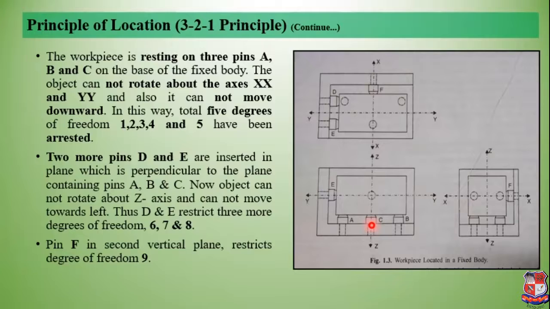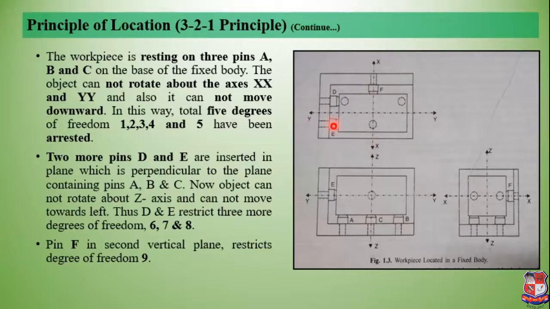Now the object cannot rotate about the z axis. If we provide this D and E, you can see that the object cannot rotate about the z axis, and the object cannot move towards the left. Here we can see this rectangle object cannot move towards the left because of these 2 pins, right?